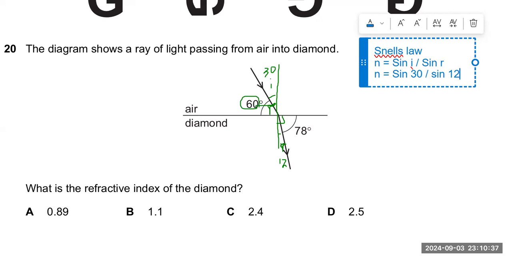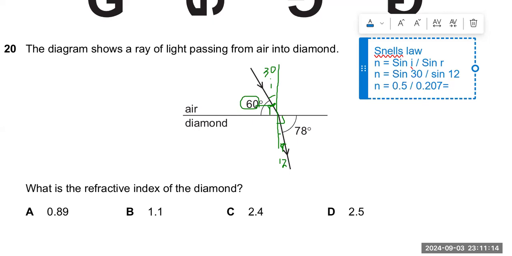Sine of 30 is equal to 0.5. n is equal to 0.5 divided by sine of 12, which is 0.207. So 0.5 divided by 0.207 is 2.4.